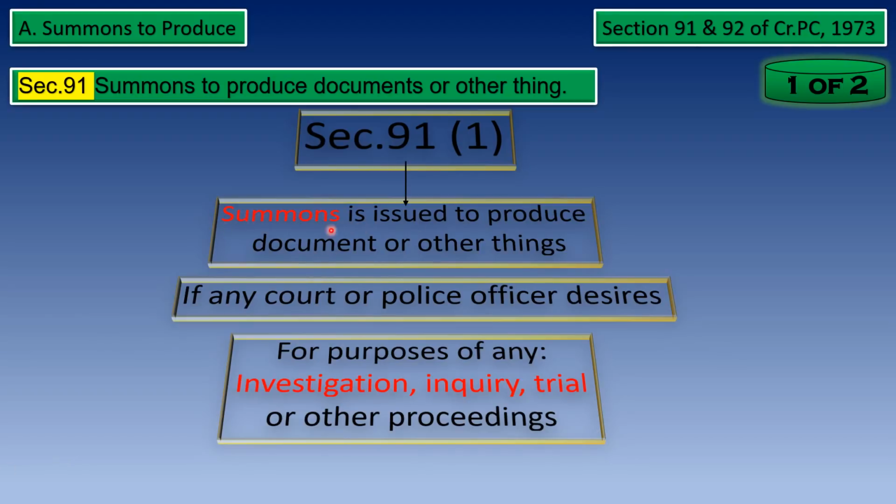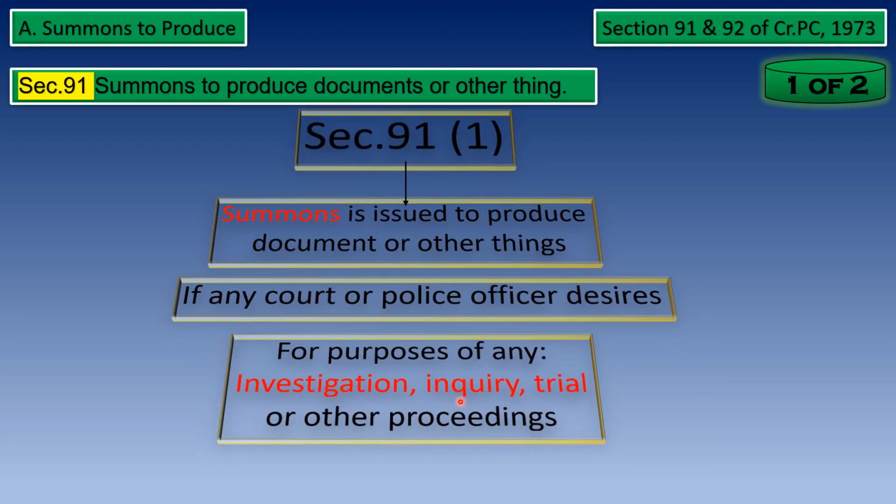So the first thing that we learn from subsection 1 of section 91 is that summons are basically issued requesting a person, please produce a document or a thing which is in your possession. And the second thing is that the document or thing might be required either by the court or even by a police officer for his investigation purposes.